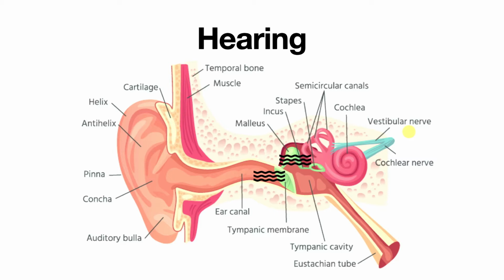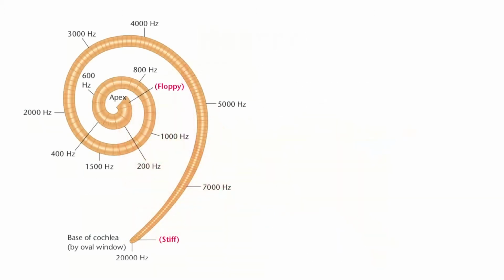Now, within that cochlea is a structure called the basilar membrane. This membrane exists within the cochlea. It's in the same shape of that. And you'll notice that at one end, the actual structure is stiffer, and then it's sort of floppy at the other end. You can see where those labels are.